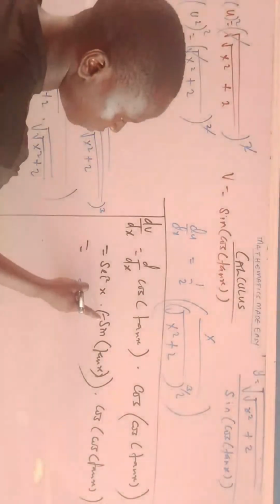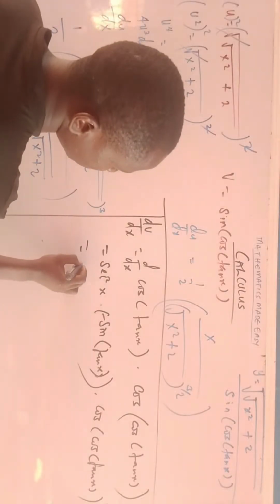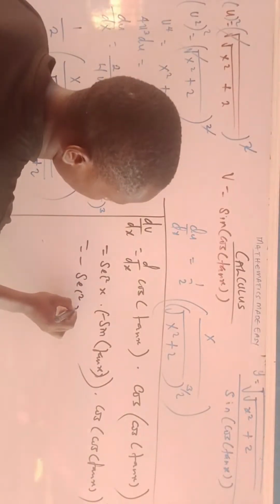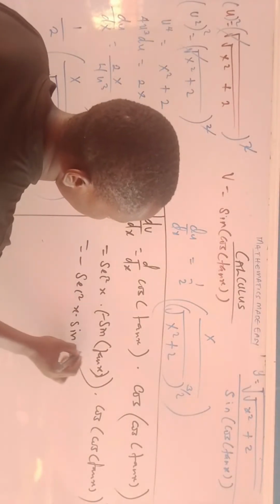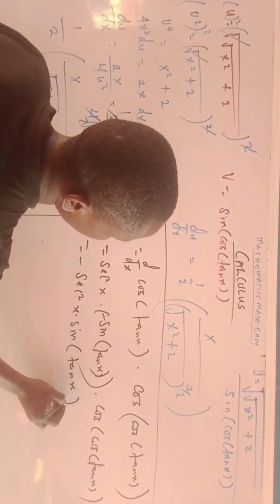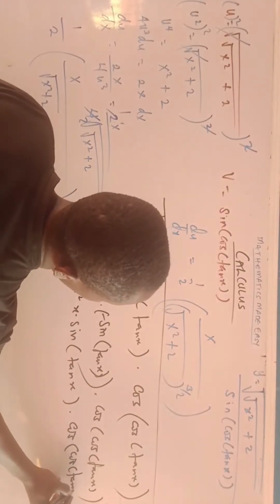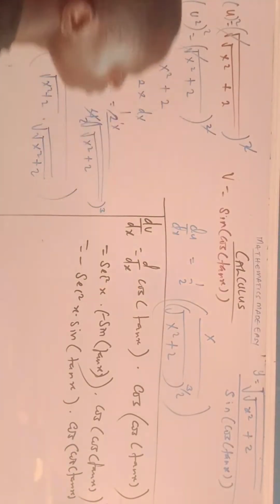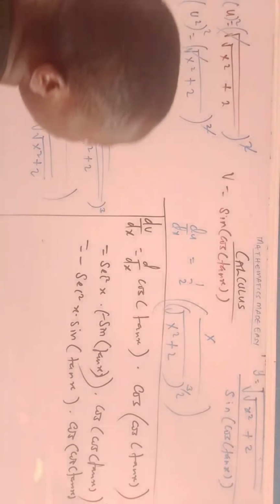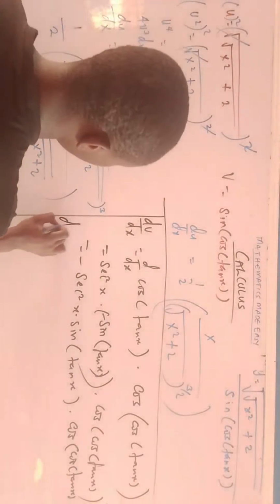So we can bring this negative sign out. If we do that, we're going to have negative sec square x sine tan x, then multiply by cos into bracket tan x. All right, so that's our dv dx.